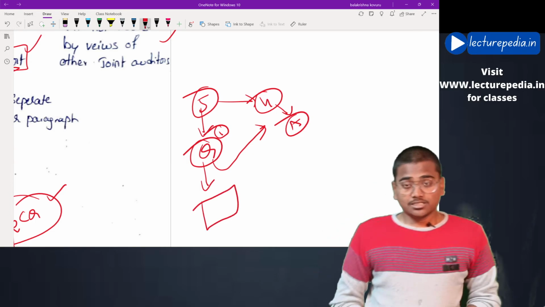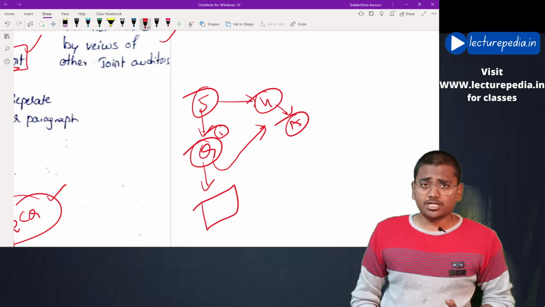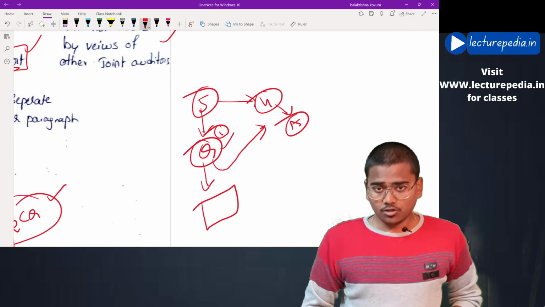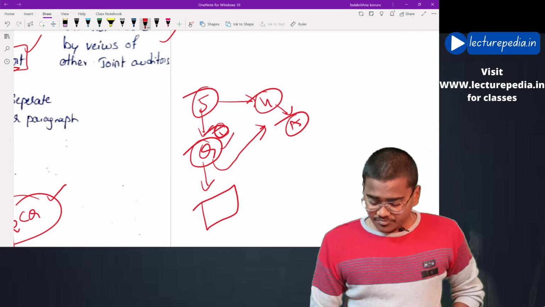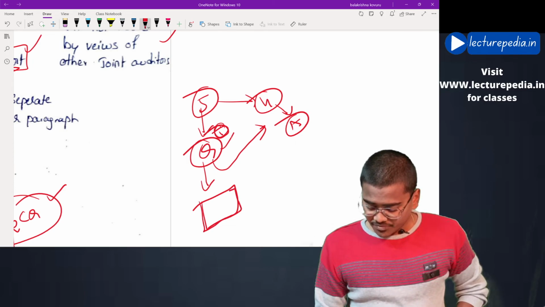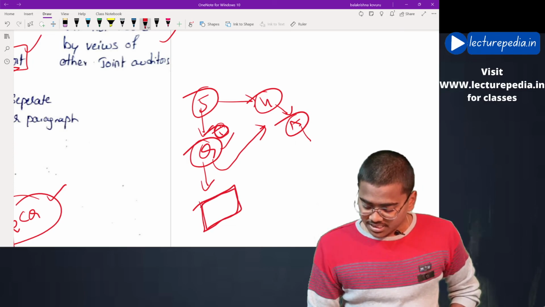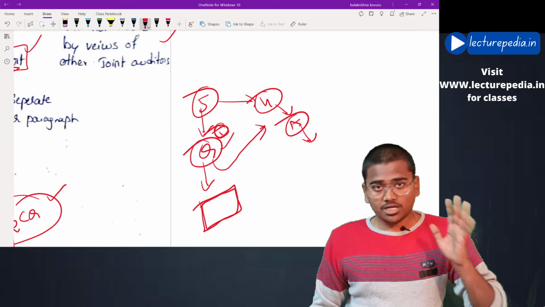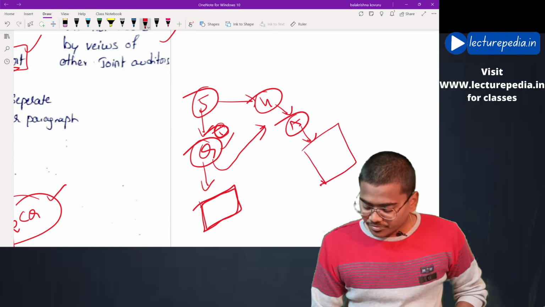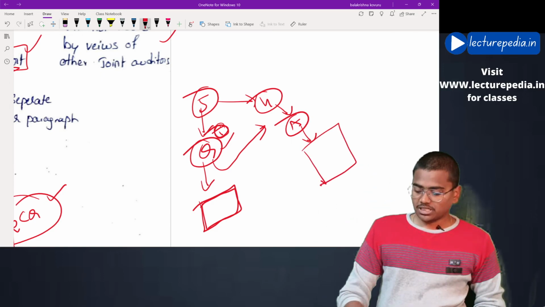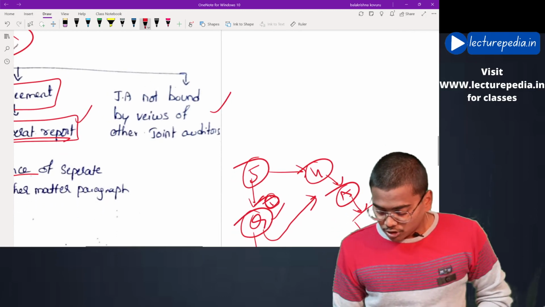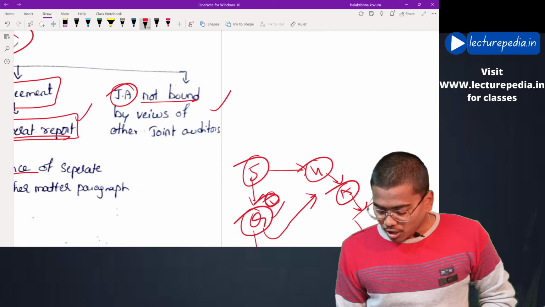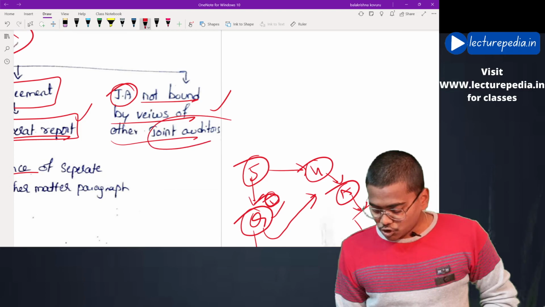The answer is he can give a separate audit report with his qualified opinion. This one joint auditor will give his report, and these 4 auditors who are having a common opinion will give a single report together. Thereby, a joint auditor is not bound by views of other joint auditors.